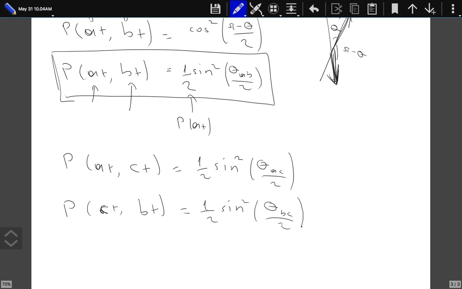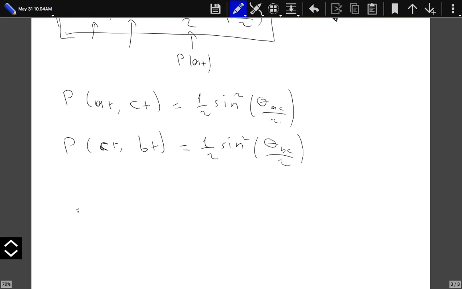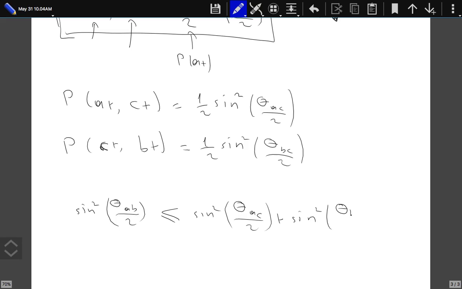So basically what quantum mechanics tells us, and if we believe in Bell's inequalities, sine squared theta AB over 2 should be less than or equal to sine squared theta AC over 2 plus sine squared theta BC over 2.